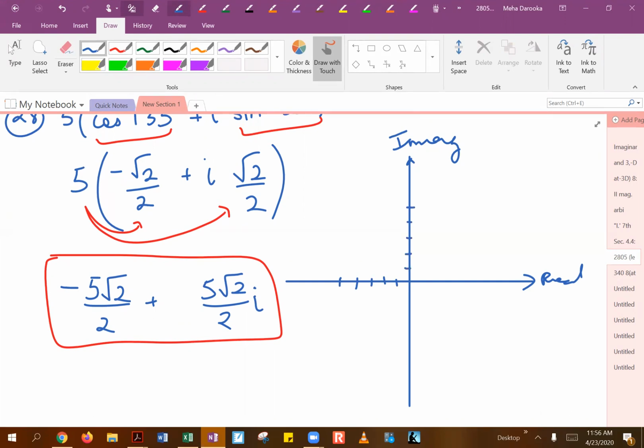So approximately 3.5, right? Yeah. So that would be 3.5, maybe. Somewhere over here, if this will let me graph it. Come on, buddy. There we go. And then, of course, just its distance. So this would be your negative 5 square root of 2 over 2 and positive 5 square root of 2 over 2.